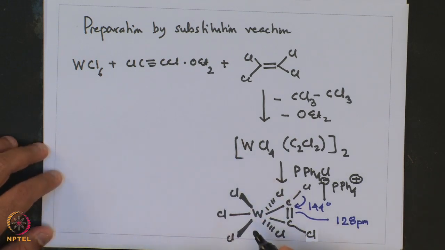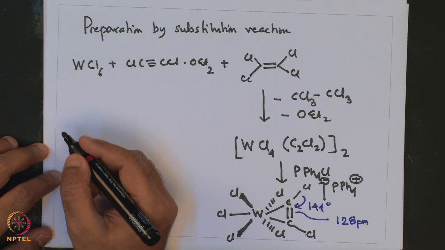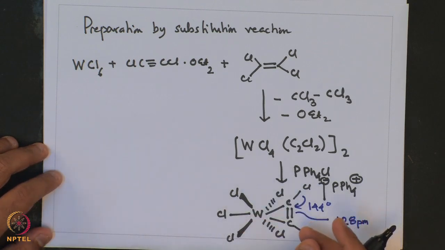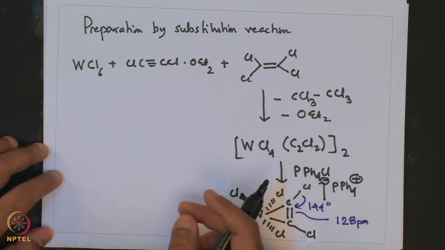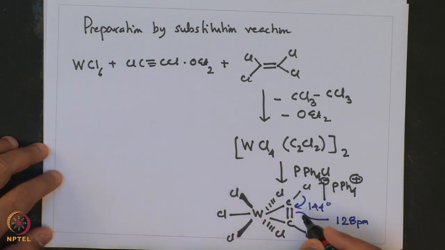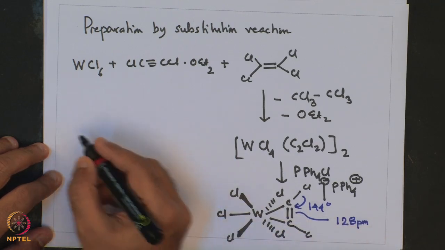Now, one thing interesting to note is that the stability of these alkyne complexes increases with the electron withdrawing character of this substituted alkyne. That is because the more of it favors tungsten to alkyne pi donation, and that results in the metallocyclopropene structure.